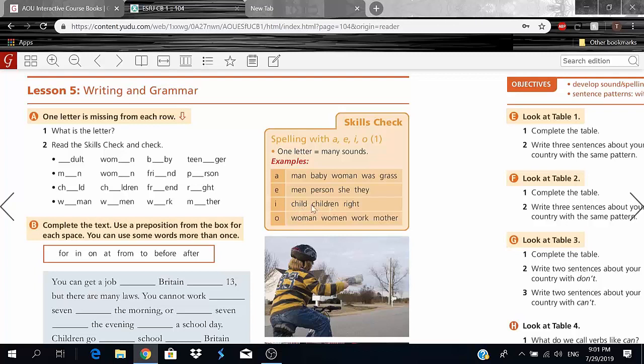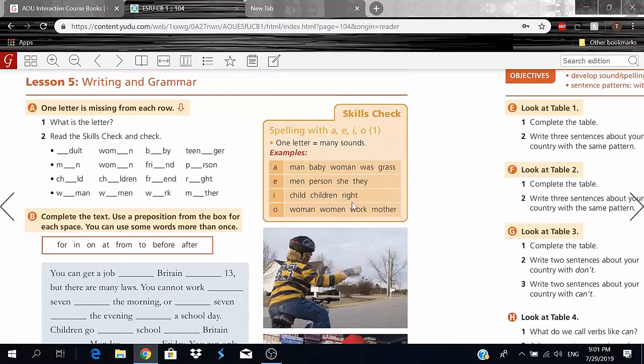It's like one is like a brick standing tall, and the other one is like a highway. Child and children. And finally, right. Okay? And O, we have woman, women, work, mother. Okay? Just a huge difference, you guys. So just focus on trying to find the difference and being able to pronounce the words that have different sounds for letters.